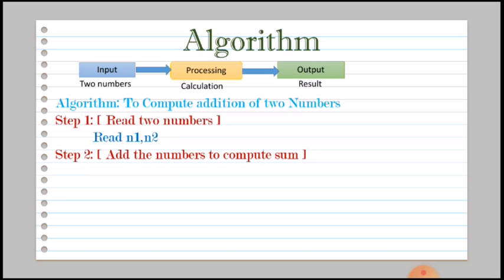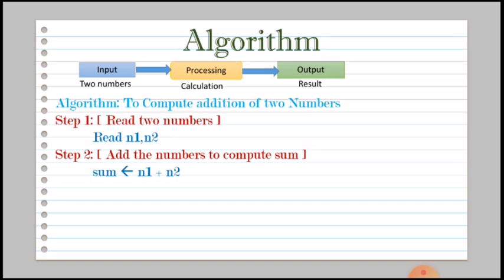Again this statement is optional. Then the next statement to make the addition will be sum = n1 + n2. This statement indicates that n1 and n2 will be added and the result will be stored in sum.